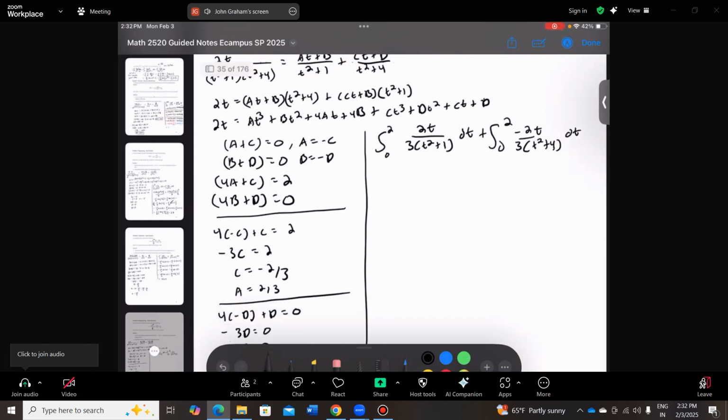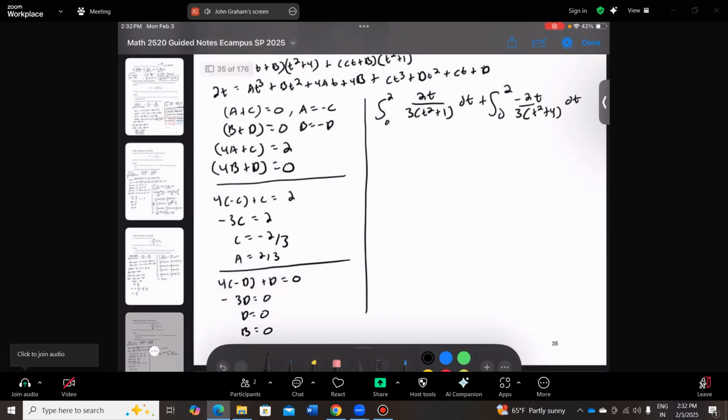Right, so here we'll have natural log of t squared plus 1 and then 2/3 on front. And because of the chain rule, a 2t comes out. We have a 2t there, so we actually won't have a 2 here, we'll have just a 1.